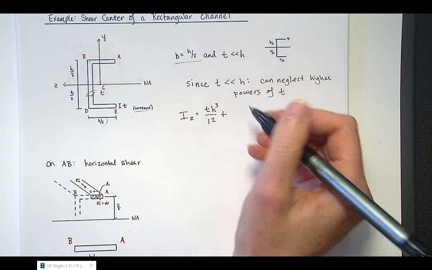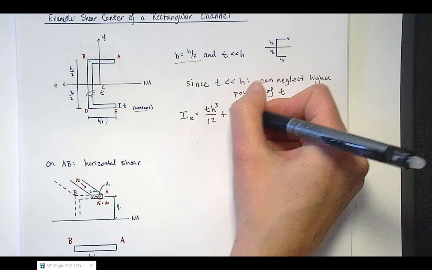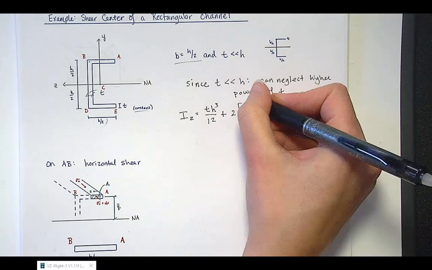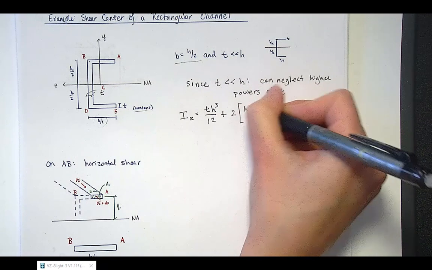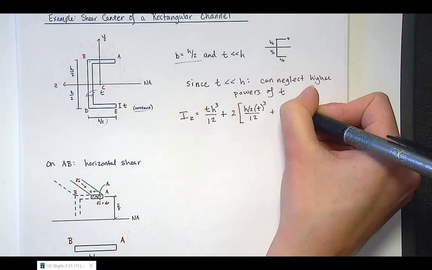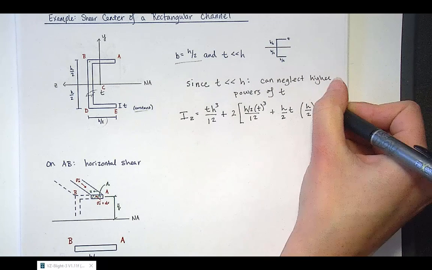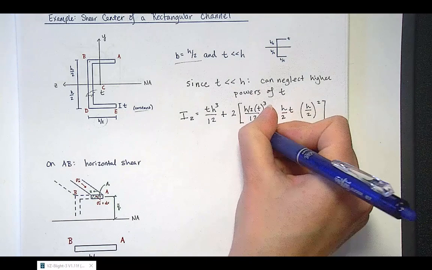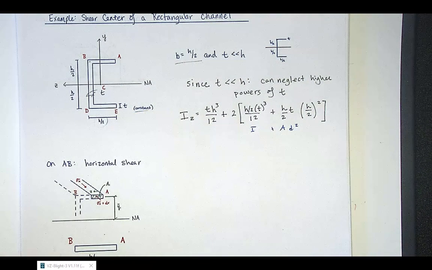And then from the two flanges, the two horizontal segments, since it's symmetric, each is h over 2 times t cubed over 12 plus h over 2 times t times h over 2 squared. This is just the parallel axis theorem applied to the two horizontal segments.